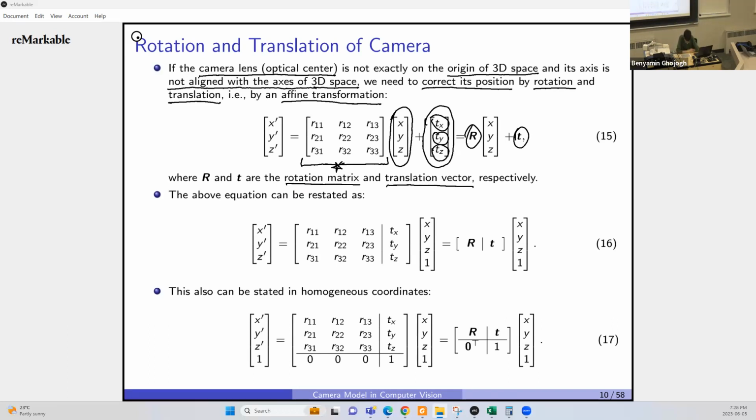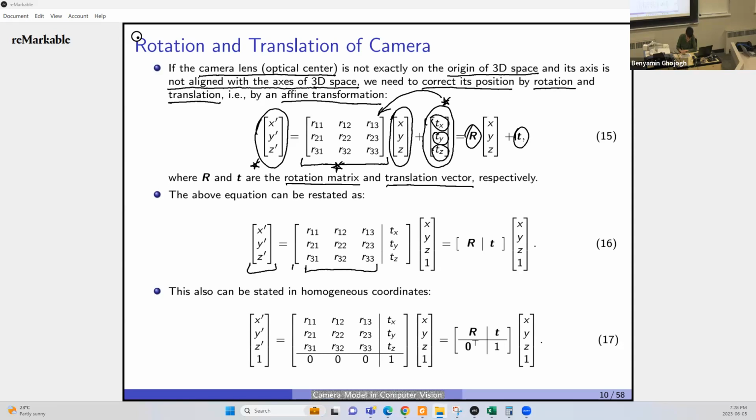Okay. The above equation can be stated as this. By the way, after this rotation and translation, I have this x prime, y prime, z prime. Okay. So the above equation can be restated as this. So this is exactly what we have in the left-hand side. Now I can bring this translation vector inside the matrix.